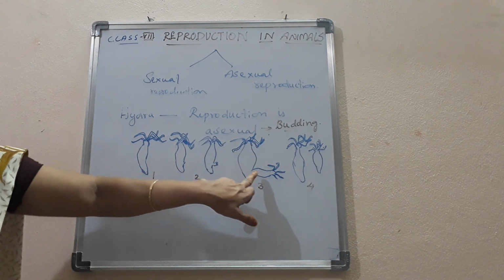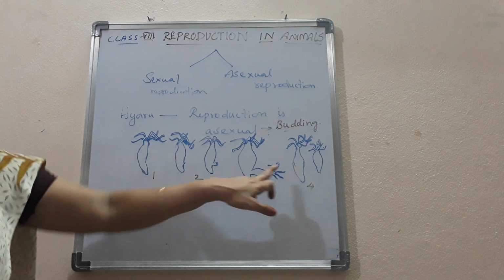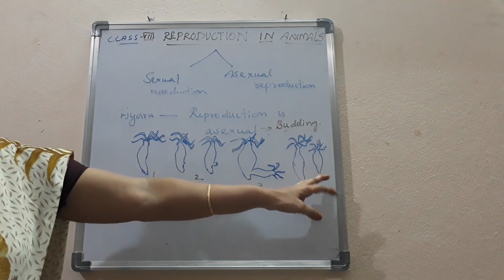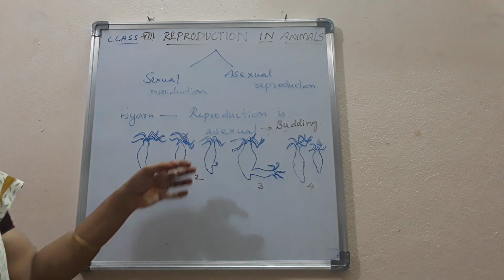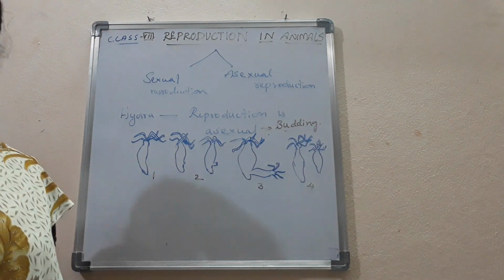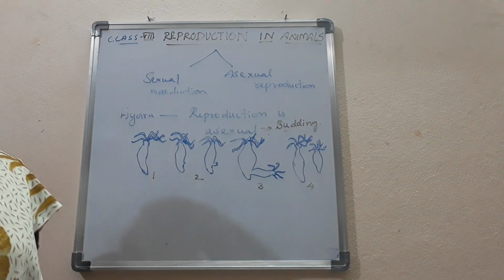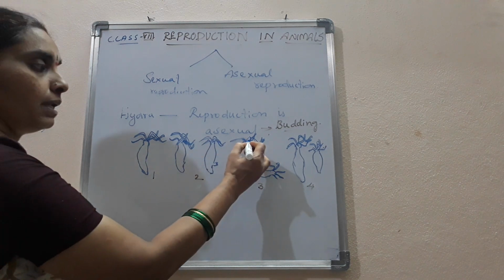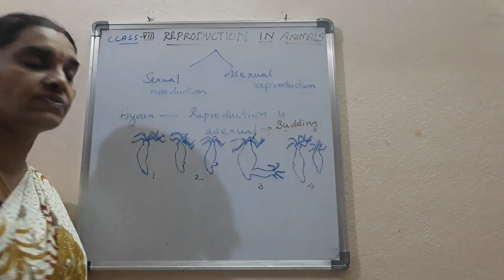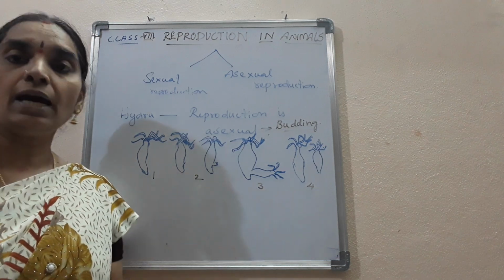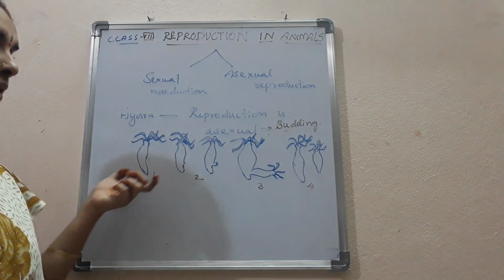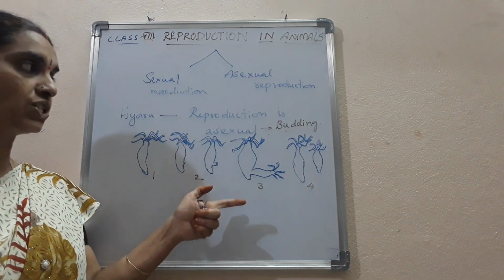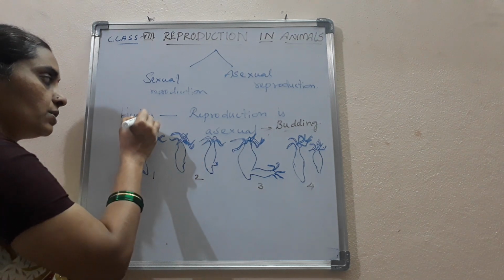See, it detaches itself later and leads an independent life. This looks identical to the parent along with the body structure and also the tentacles at the terminal end, which help in the movement of the hydra. So this is about the budding that takes place in hydra. Budding is the type of asexual reproduction that takes place in hydra.